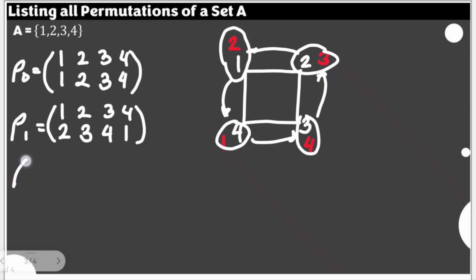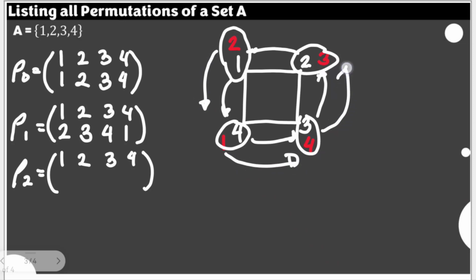Your third permutation here is when we follow the same rotation, but we rotate the red vertices now. So, for example, rotate that here, here, here, and here. This would mean your 2 now is here, your 1 is now here, 4 is here, and of course 3 is there.